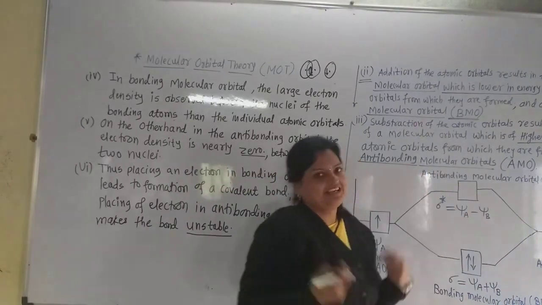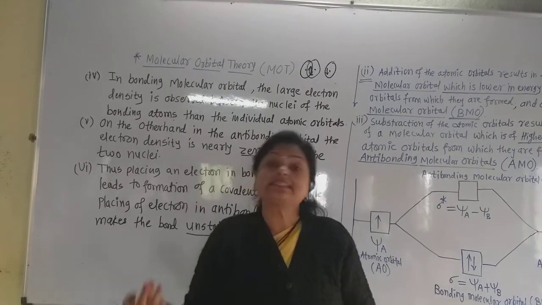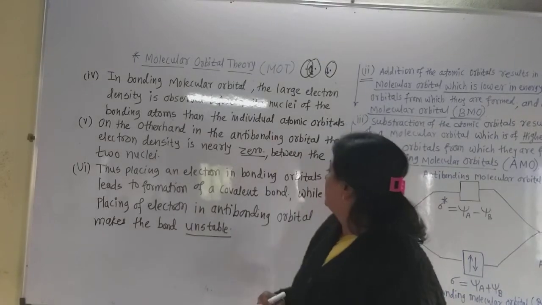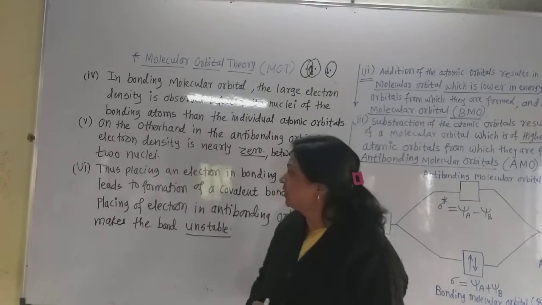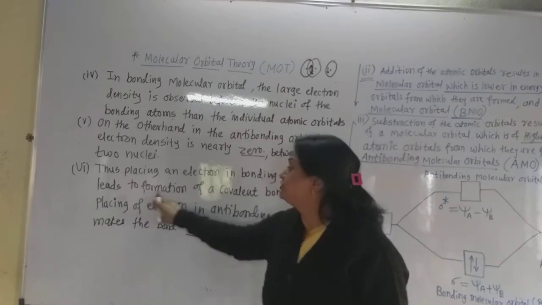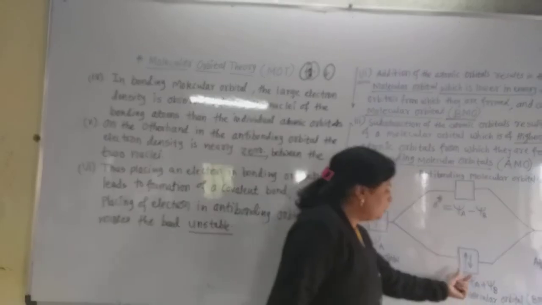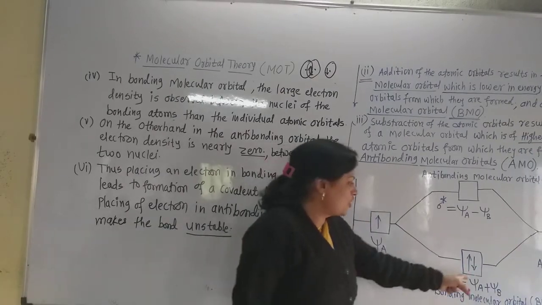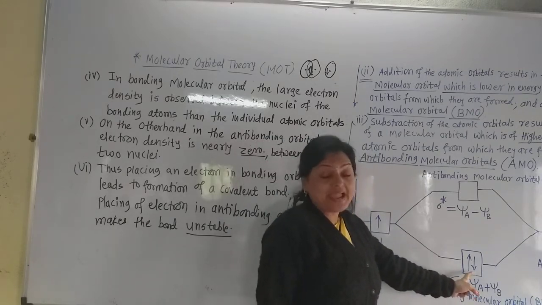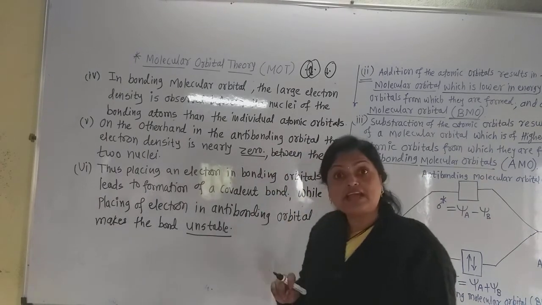See here, there are no electrons. That means in anti-bonding molecular orbitals, the electron density is very minimum, nearly 0 between the two nuclei. Thus, placing of electrons in the bonding orbital leads to the formation of a covalent bond, because the spins of the electrons get matched, they get paired, and a covalent bond is formed.